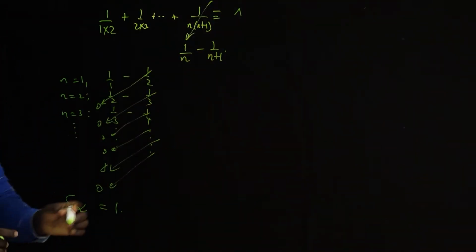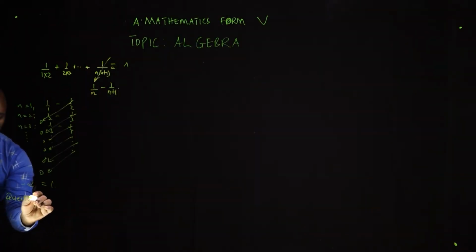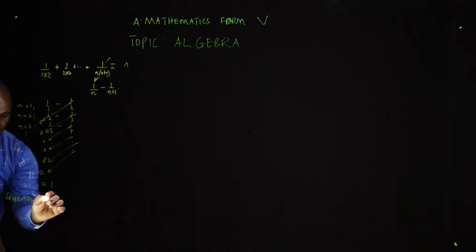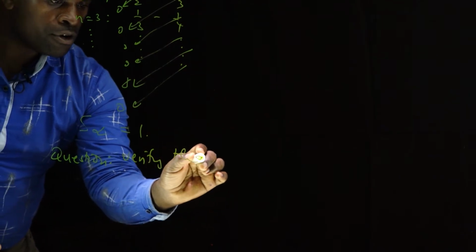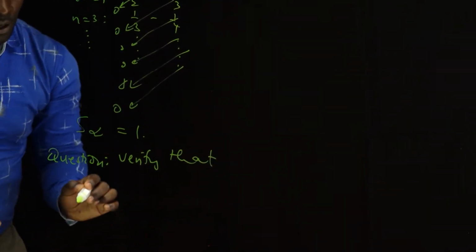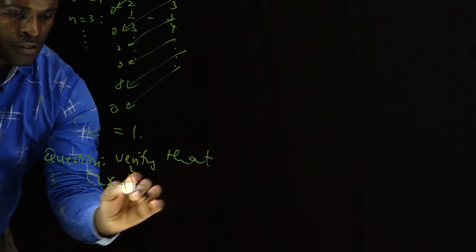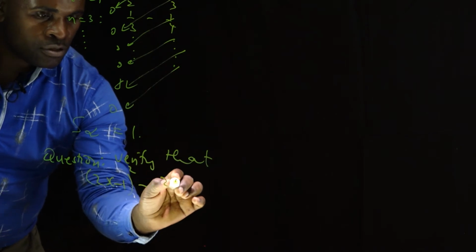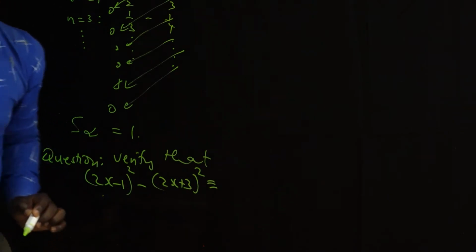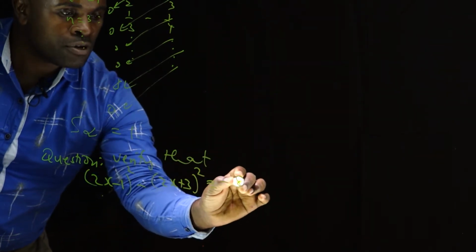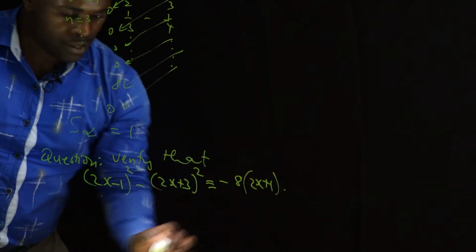Okay. Again, now let's look at another question. One can give us a question like, verify that (2x minus 1) squared minus (2x plus 3) squared is equivalent to negative 8 bracket 2x plus 1.